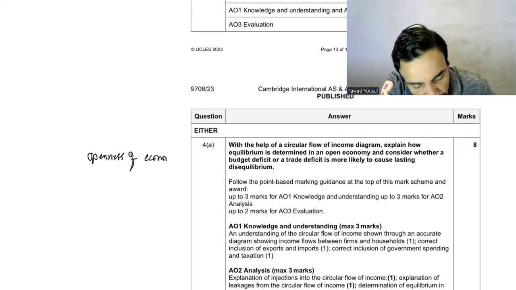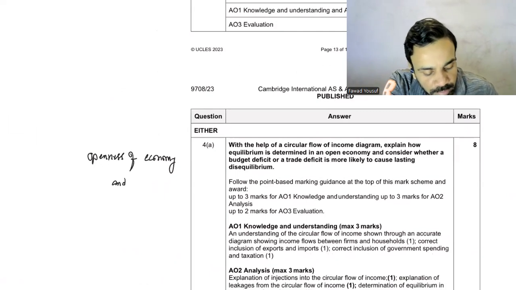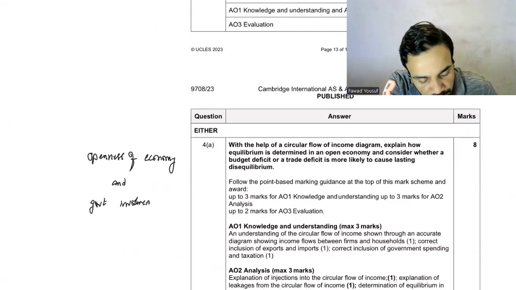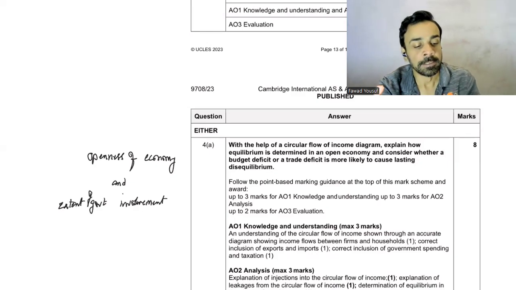of the economy and the extent of government involvement.